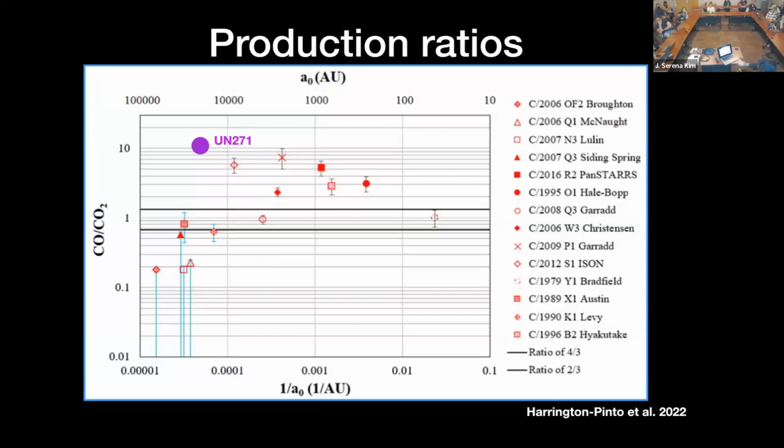If you have the depletion of gas in the protoplanetary disk at a later stage before its gas phase ended, you have a higher likelihood of streaming instability forming gravitationally collapsed clumps. So you would not have as much thermal evolution from the radioactive heating of the comet. And so it's very likely that this 10 to 1 CO2 to CO ratio does represent the original proportion of these contents in the protoplanetary disk where UN-271 formed.